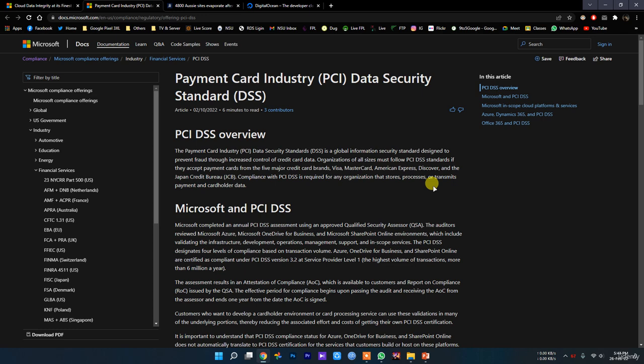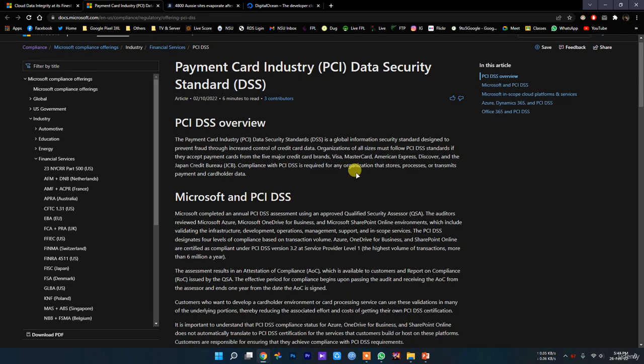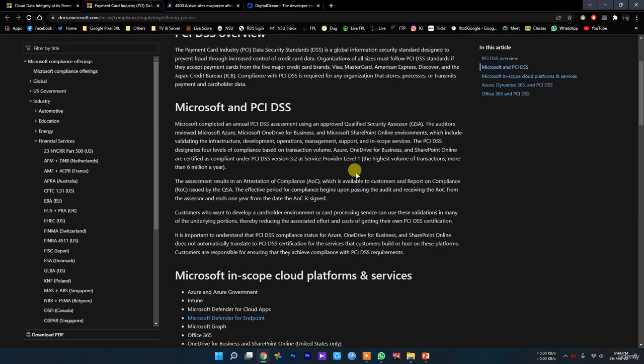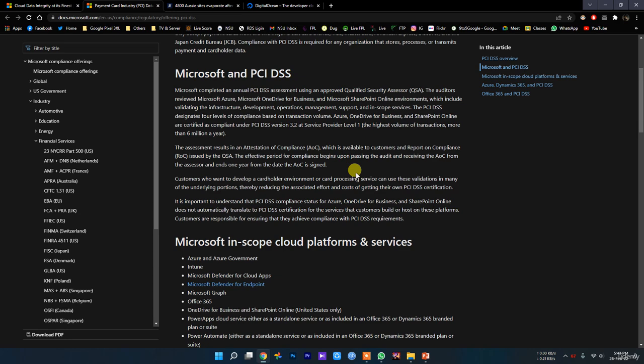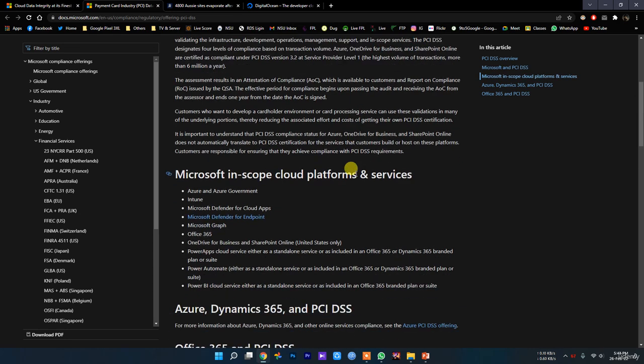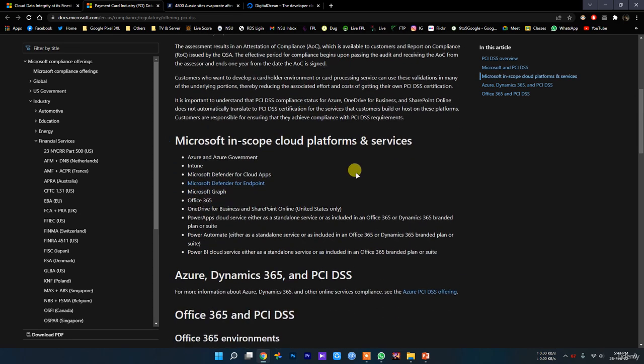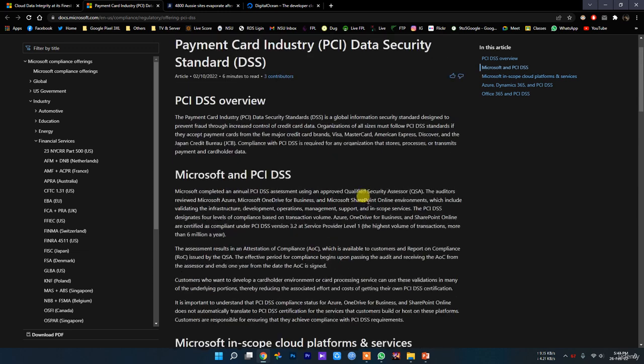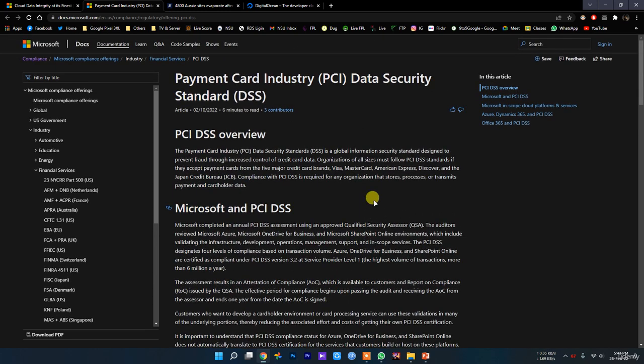Drilling down into the PCI page, we can see quite a bit of information about the compliance and the level achieved, but it also includes information here about the actual services for which they have achieved PCI compliance. Now this might look like quite a comprehensive set of services, and it is, but it's also not everything.